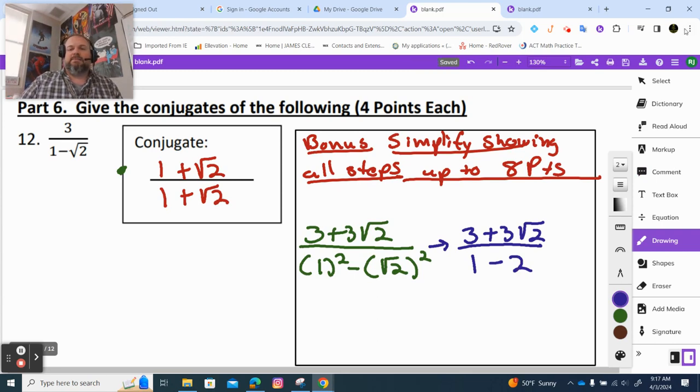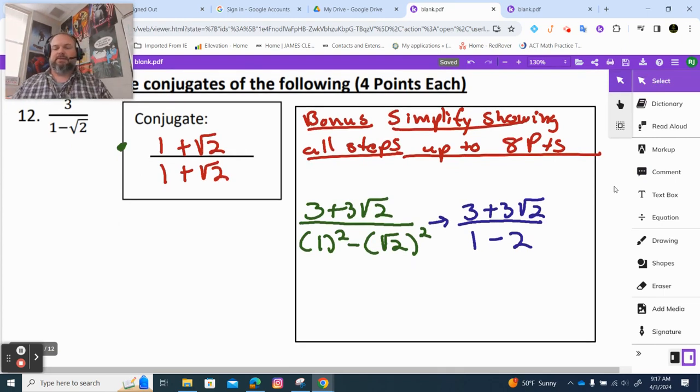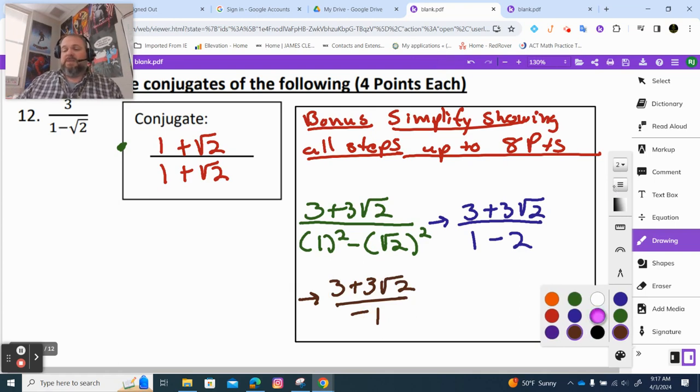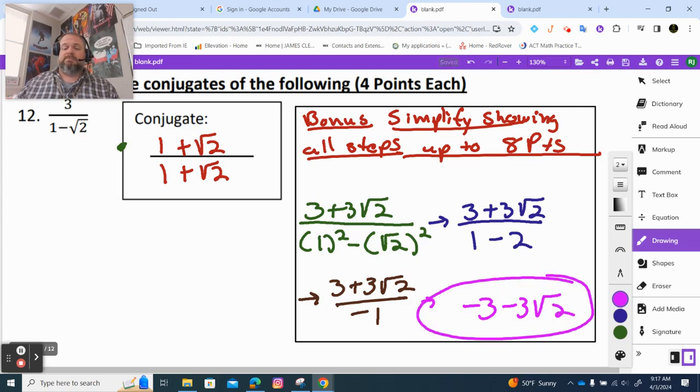So this is 3 plus 3 root 2 over negative 1, which basically ends up being negative 3 minus 3 root 2. Ta-da! So some of these are not that bad.